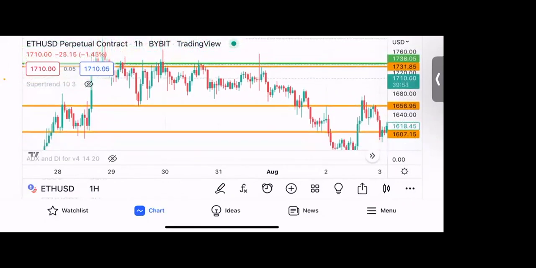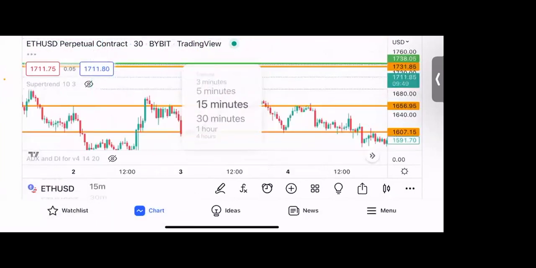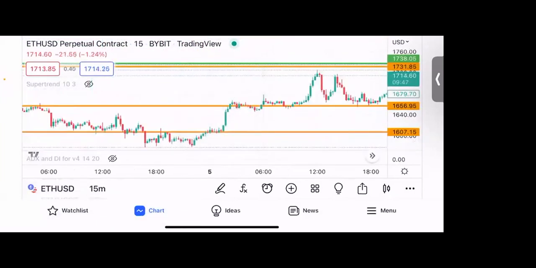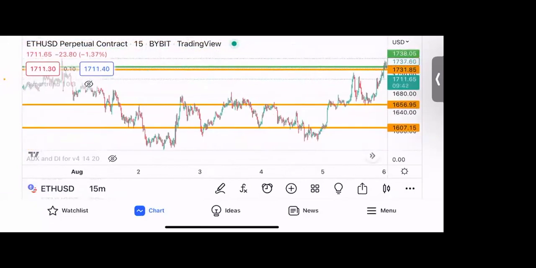Perfect. So then I go to my 30 minutes. Actually, I go to my 15 minute. And when I come to my 15 minute, I'm looking at the reason price right now, right?